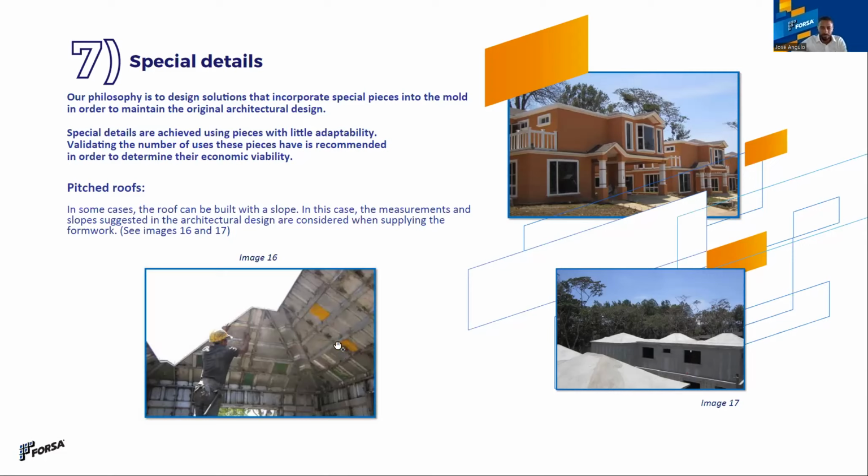We can even pour these slope slabs, which we normally call gables. All these gables can be covered by Forza itself. Even if you have a planar gable end, we can cover it.